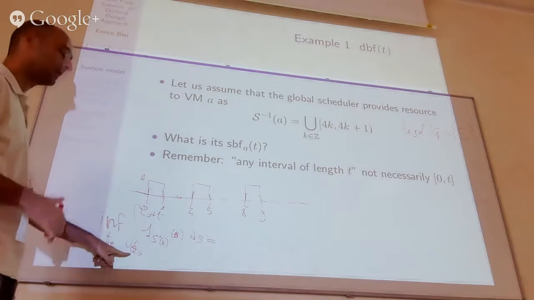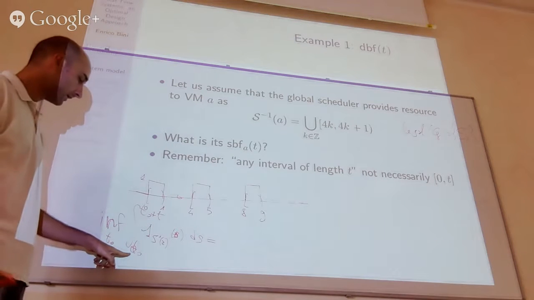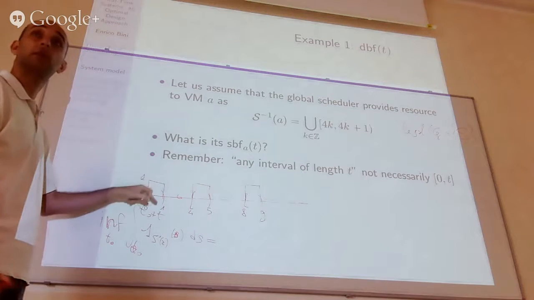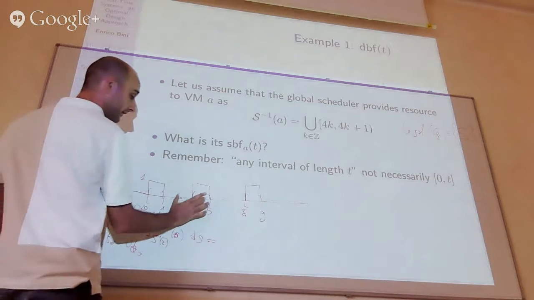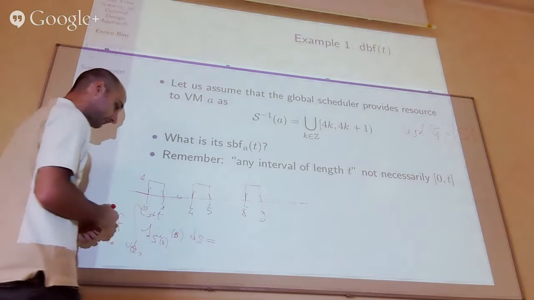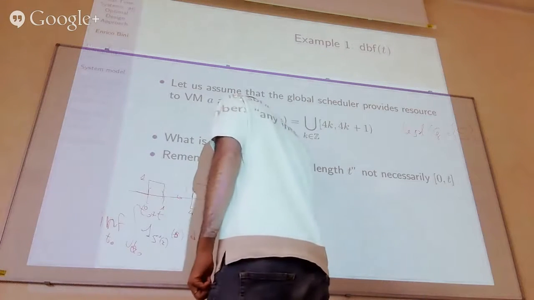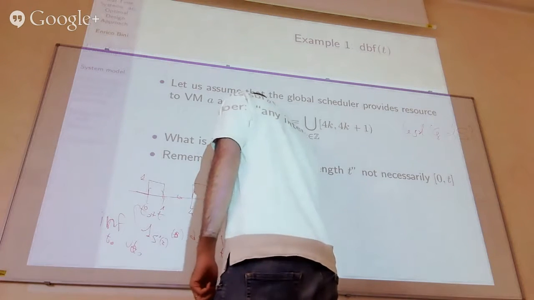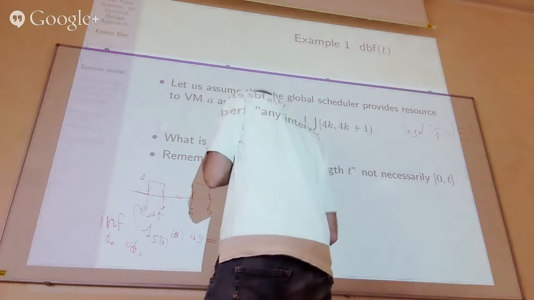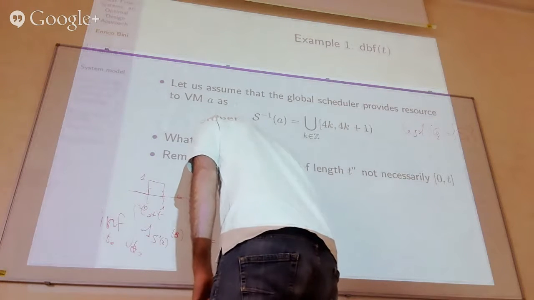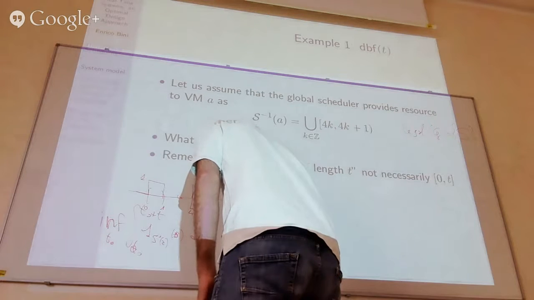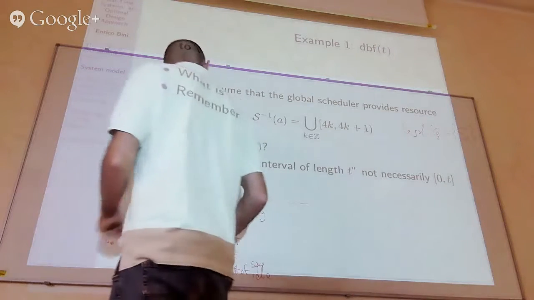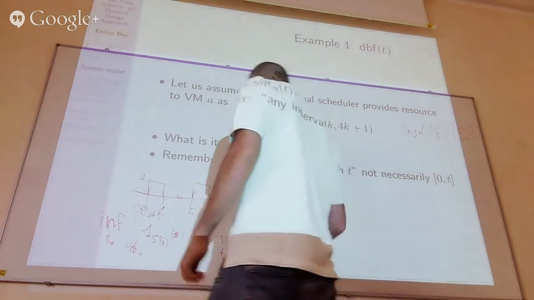Let's say that we can restrict the search to all T0s which are the start of some idle interval.